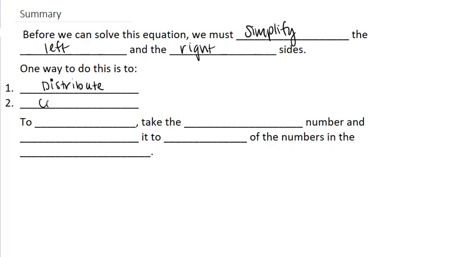and then we're going to combine like terms. And to distribute, we take the outside number and we're going to go ahead and multiply it to each of the numbers in the parentheses.